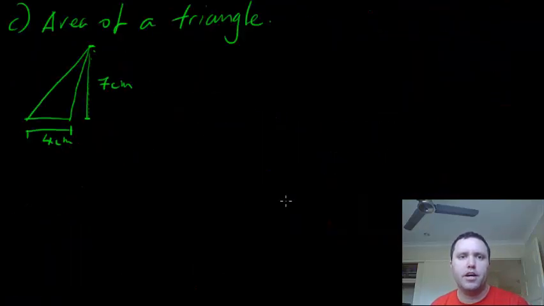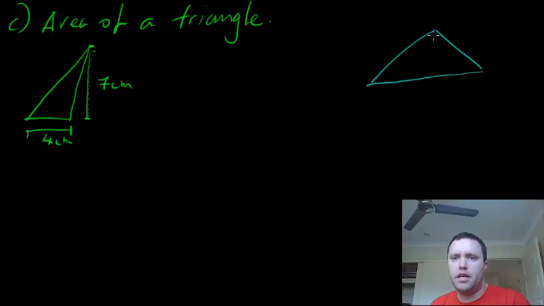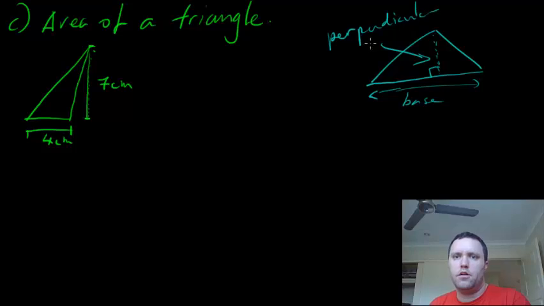Alright, area of a triangle. Here's the one that's slightly different. Questions can come up like this, where you're given what's called the perpendicular height. Here's your base length, and this here is your perpendicular height.